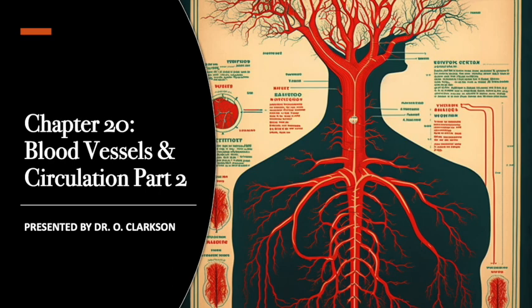Water follows solutes, and all of a sudden you start increasing your fluid volume. So the major thing that you're seeing is an increase in sodium. You're also going to be seeing secretion of potassium as well as hydrogen into the urine as a consequence. Once you start seeing increase in blood volume, then you start stabilizing your blood pressure, and now you're back to a normal mean arterial pressure.